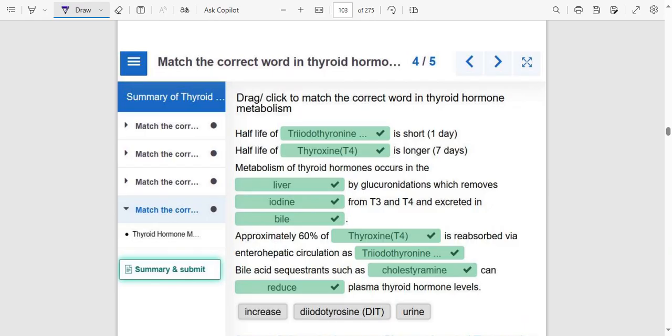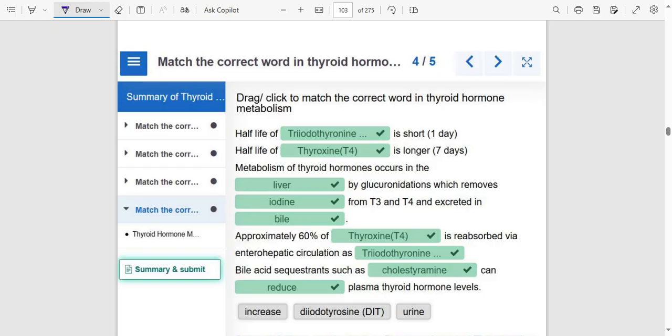Metabolism of thyroid hormone occurs in the liver by glucuronidation, and also by deiodination, where you are removing the iodine from the thyroid hormone, and that's how we are deactivating it.